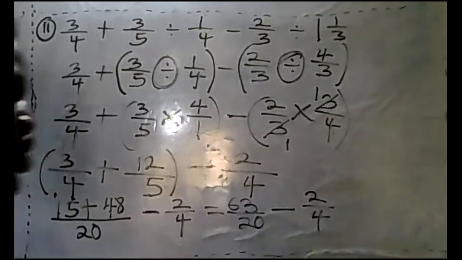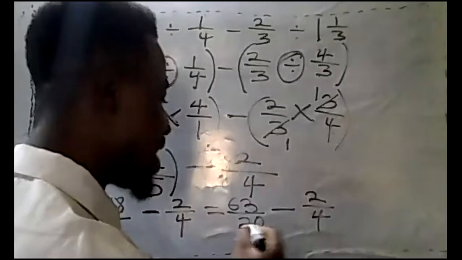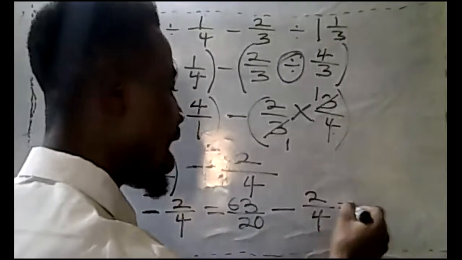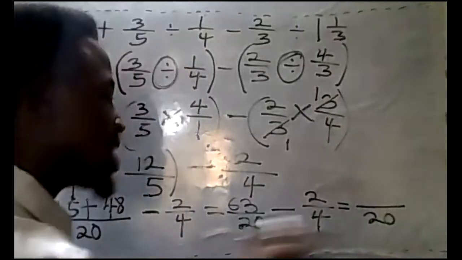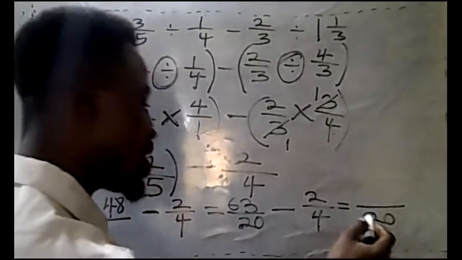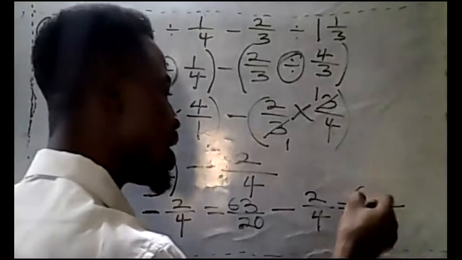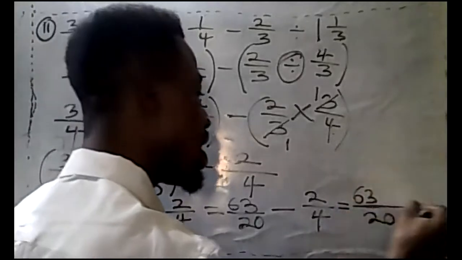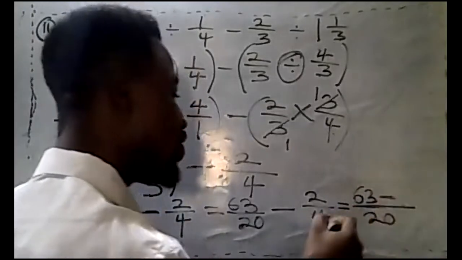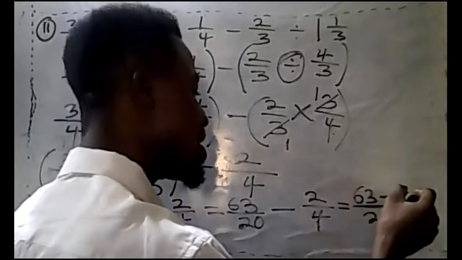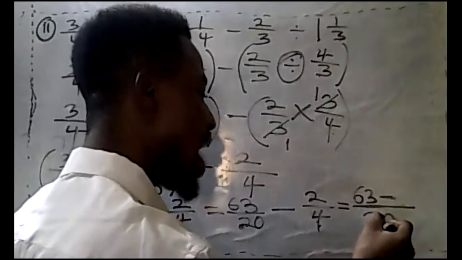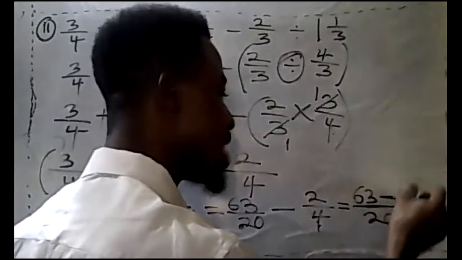So now here as well, you find the LCM of 20 and 4. LCM of 20 and 4 is 20. 20 divided by 20 is 1, 1 times 63 is 63, minus 20 divided by 4 is 5, 5 times 2 is 10.